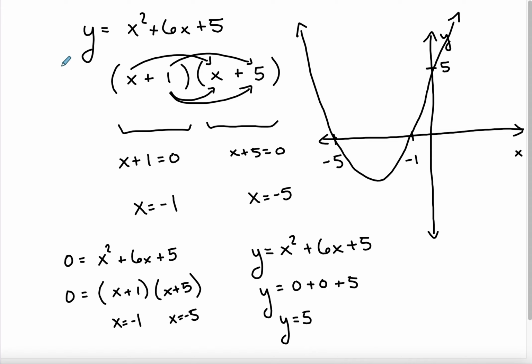Okay. We're going to solve the same question, the same polynomial, using the quadratic formula now. So we had y equals x squared plus 6x plus 5.